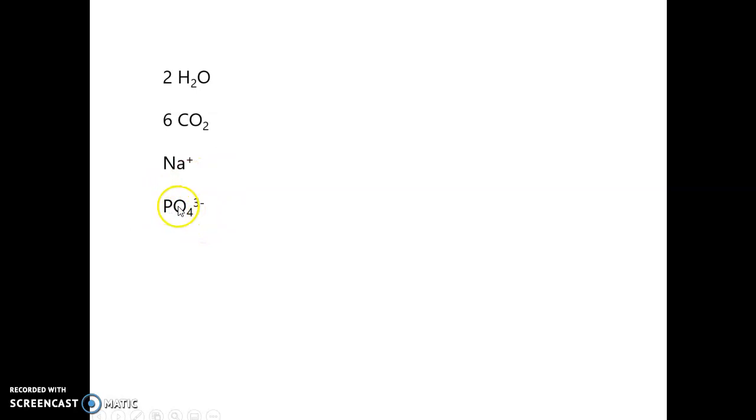And phosphate exists with a negative charge on the entire molecule. That 3 minus here is not just on the oxygen the way the plus here was on the sodium. So 3 minus refers to this entire molecule having a negative charge of 3.